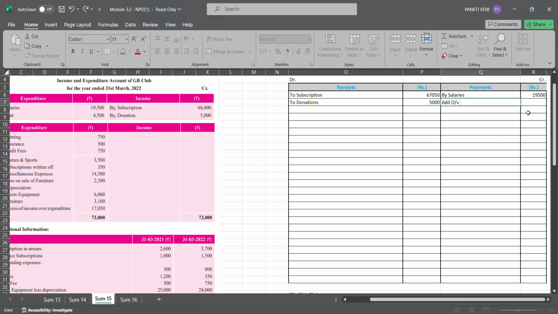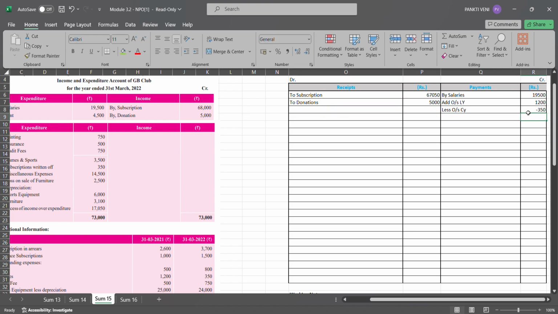Outstanding salary of last year we have to add, that is 1,200, and outstanding salary of current year we have to add, that is 350. Outstanding salary of current year is 350, correct?